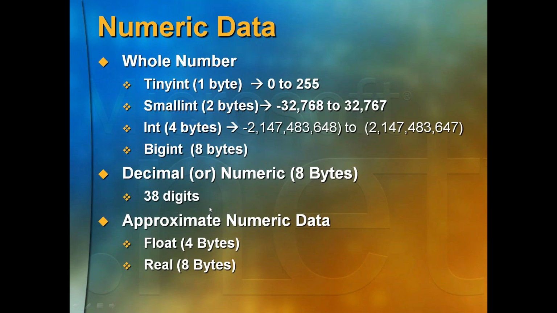Because according to the IT industry, you can have a number in character data as well. For example, employee number or phone number. Even though these are numbers, the IT industry does not treat them as numbers, because you don't perform any arithmetical operations on a phone number. So treat that as character data only.